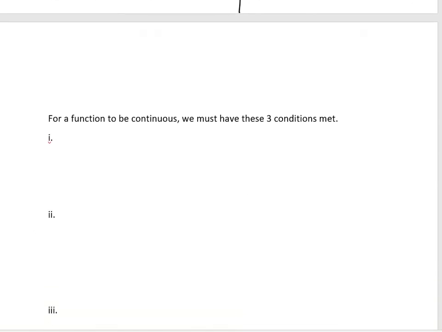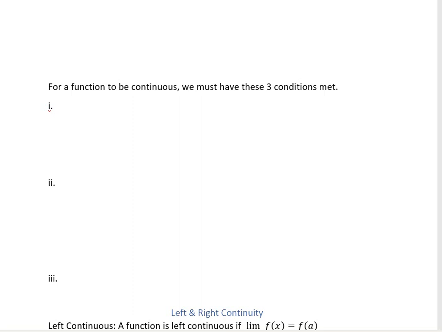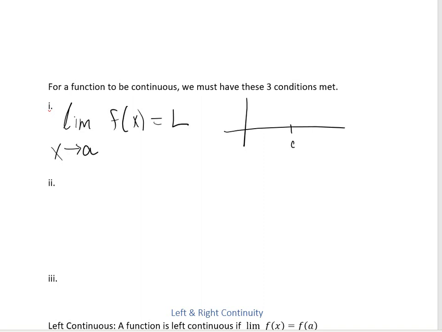So for a function to be continuous, what we have to do is that we have to meet these 3 conditions. So the first condition is that as we approach a value a, we really want that limit to exist. Okay? So as we approach a, it would be really cool if both sides of the function approach the same place L. Okay, so our limit.